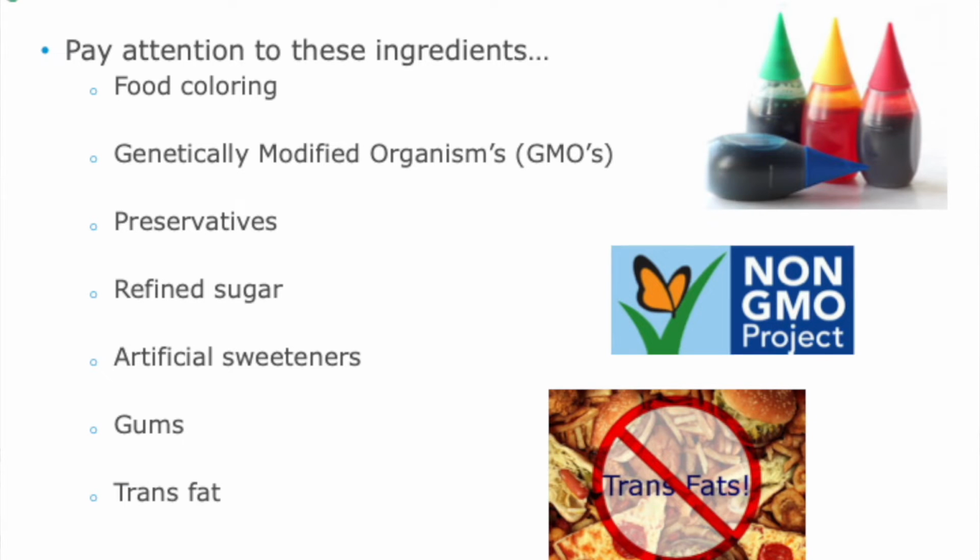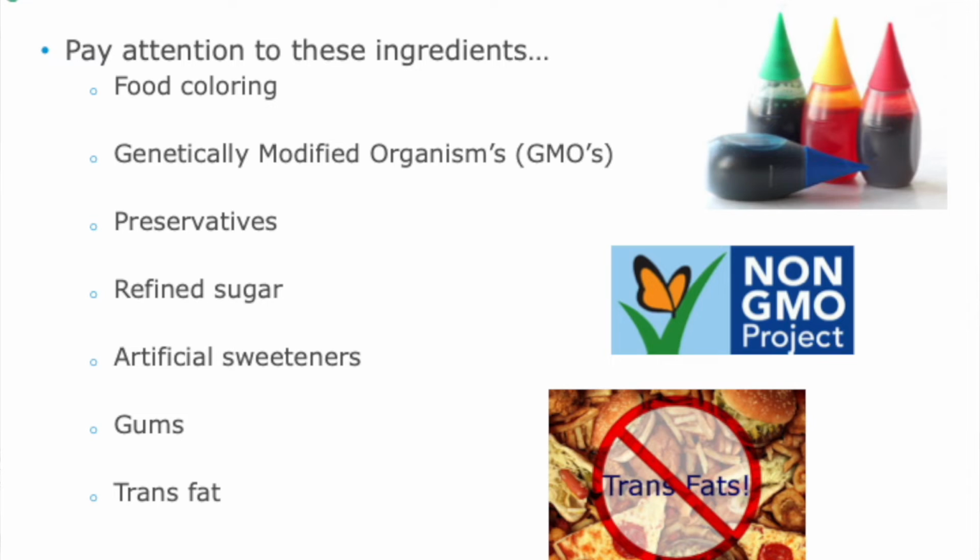Other things to look out for are preservatives, refined sugar, artificial sweeteners, gums, and poor quality oils such as corn oil, peanut oil, soybean oil, palm oil. The good quality oils are avocado oil, coconut oil, and olive oil, for example.